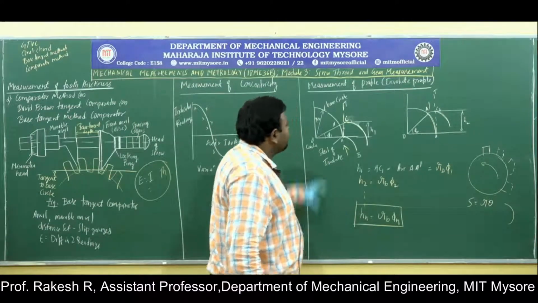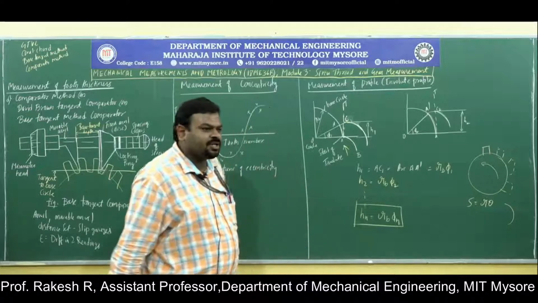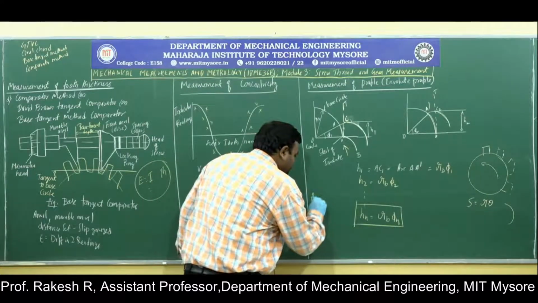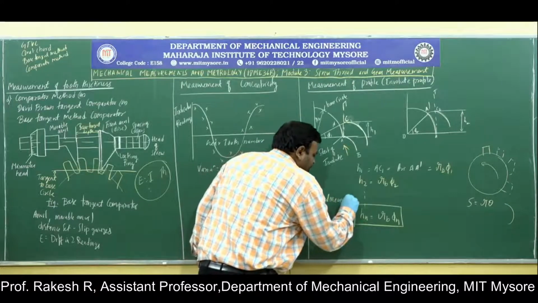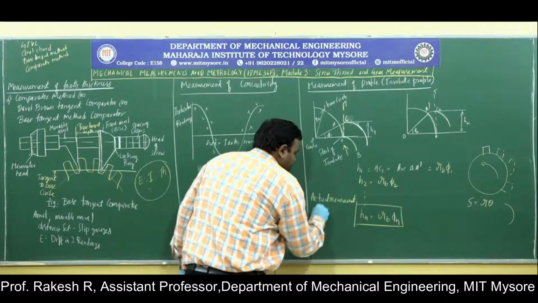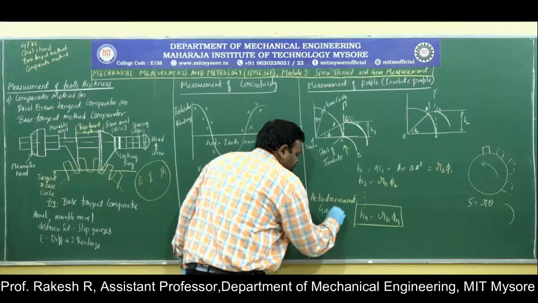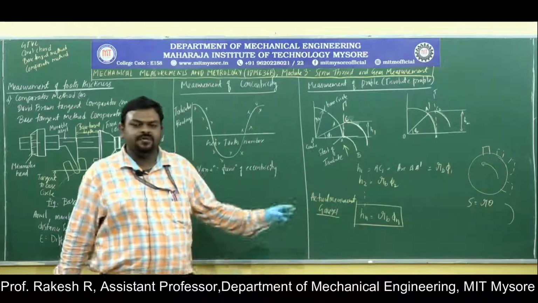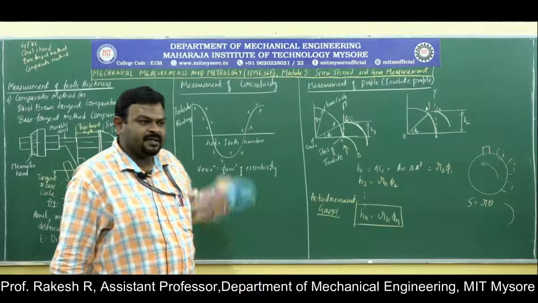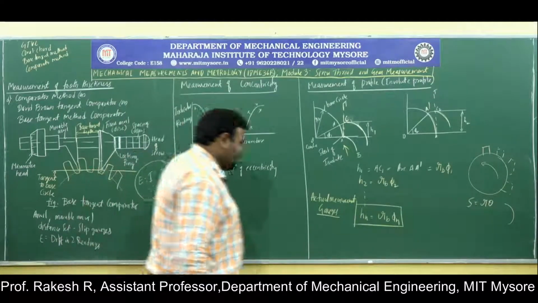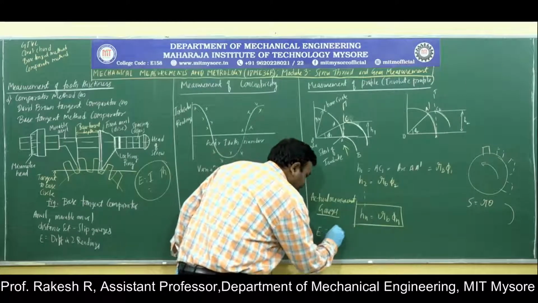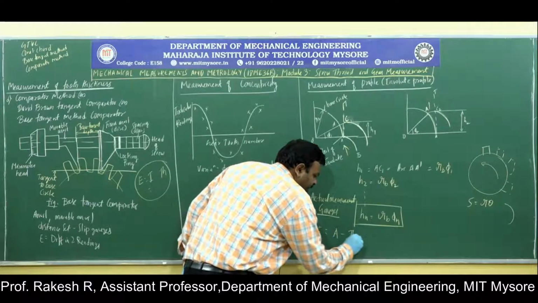And how to measure this? Actual measurement is done using gauges. Directly we will place the gauge on the tooth. Directly it will give the actual reading. So error will be calculated. Error will be equal to actual reading minus theoretical reading.